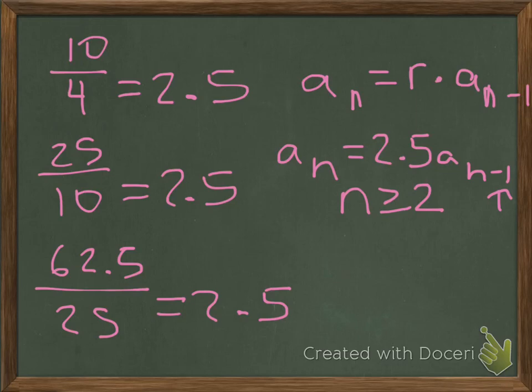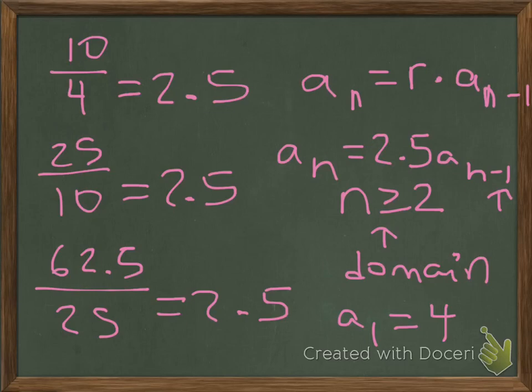You're going to have a sub 0, which wouldn't make sense. We always want to start with a sub 1, which is our first term in our sequence. So we're always going to have our domain be n is greater than or equal to 2. And then our a sub 1, which is our first term in our sequence, was given to us. That was 4. So this would be our answer.